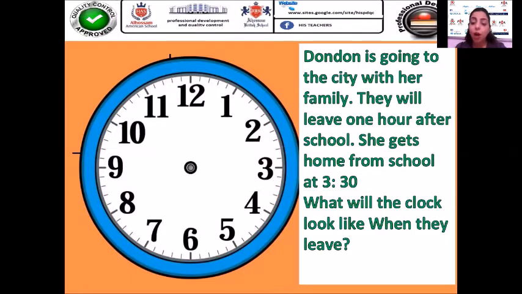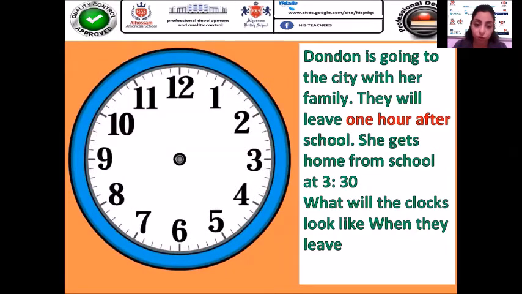She gets home from school at 3:30, right? I'll draw it on my clock. Then she will leave 1 hour after school. So 1 hour after 3:30, it's going to be half past 4 or 4:30. Excellent.